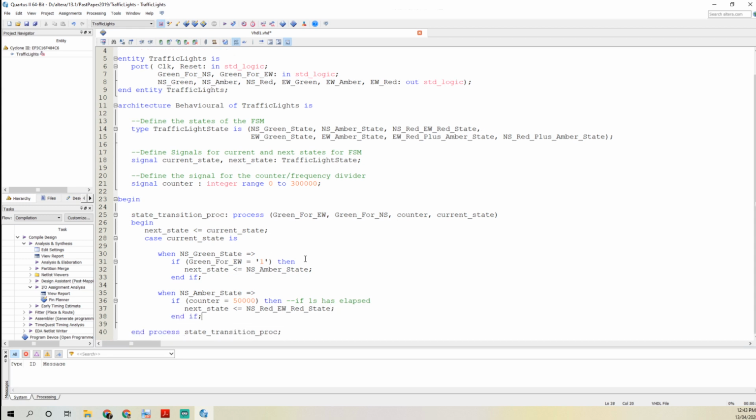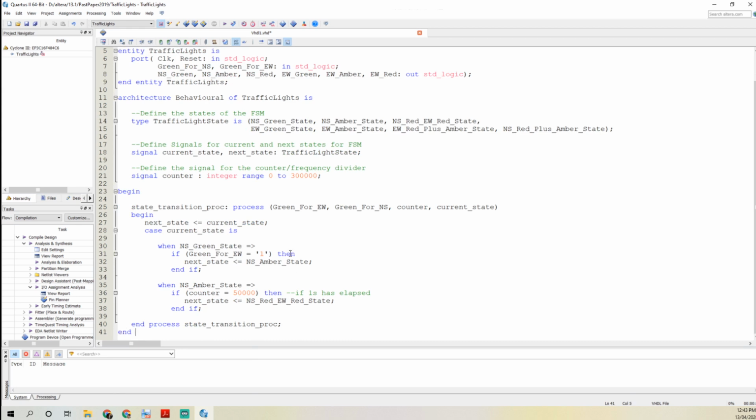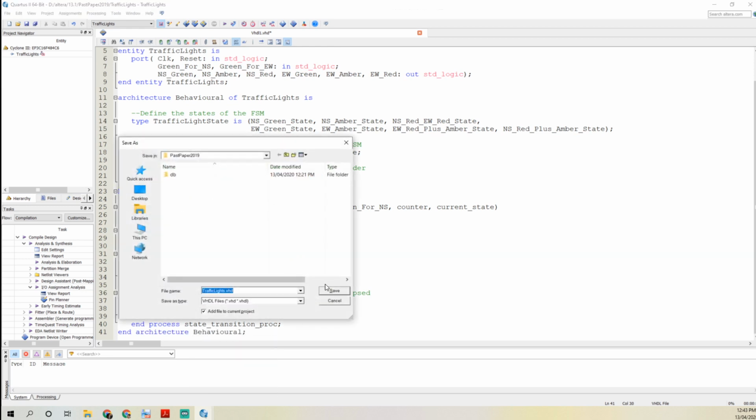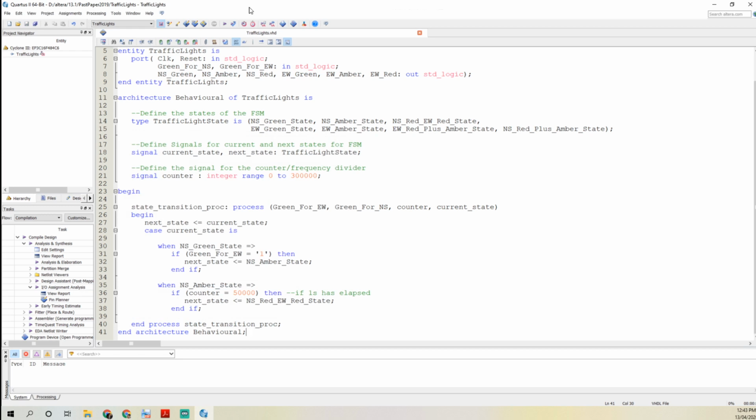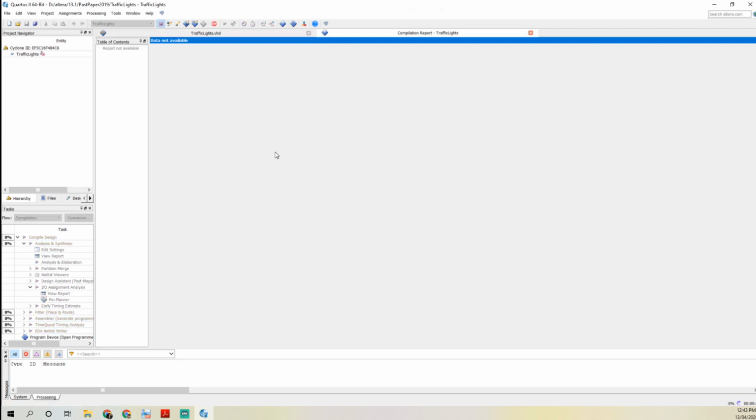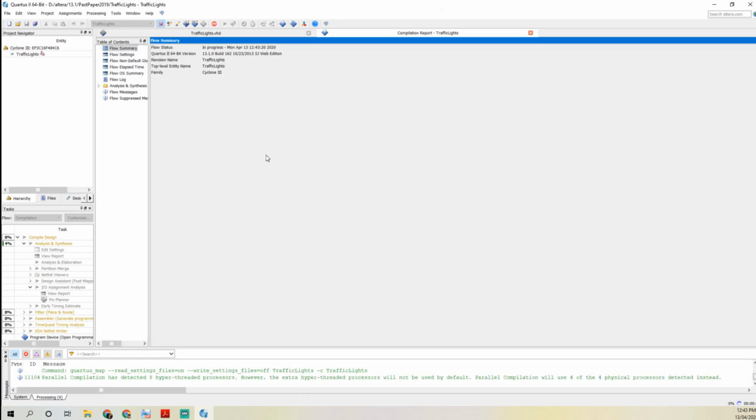Okay. What I could do is, let me just end off this architecture here so that I don't forget that, and I can save this code and actually compile to make sure that things are going good so far.